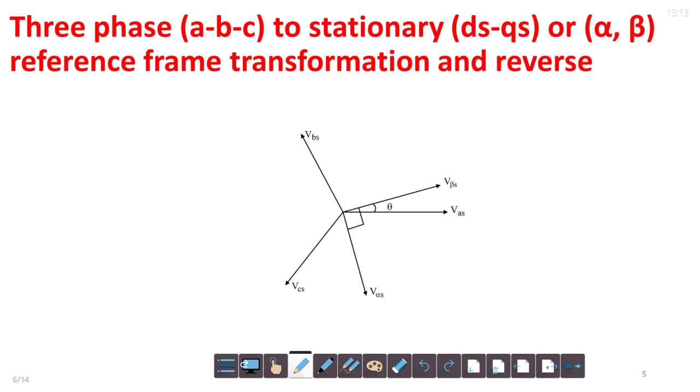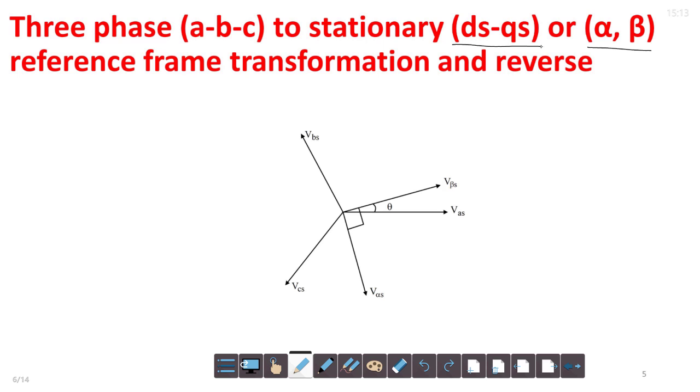First, we will discuss the 3 phase ABC to stationary reference frame transformation and reverse. The stationary reference frame is normally written as alpha beta, or in some literature referred to as DSQS, and the 3 phase as ABC.